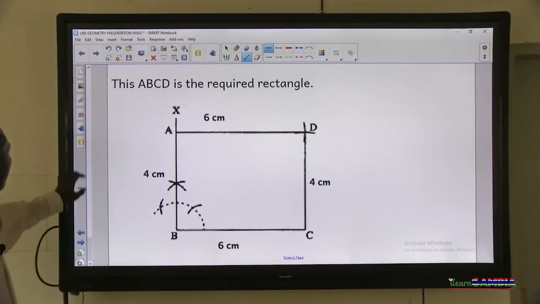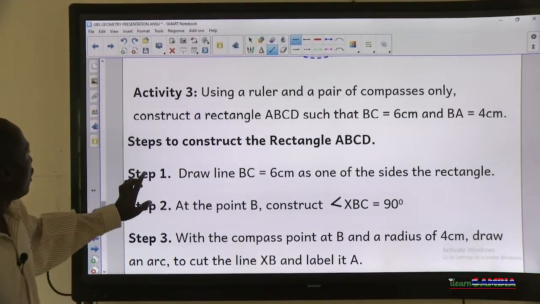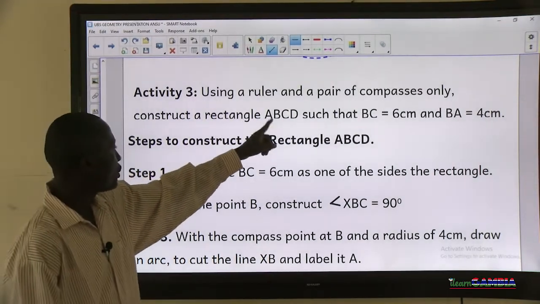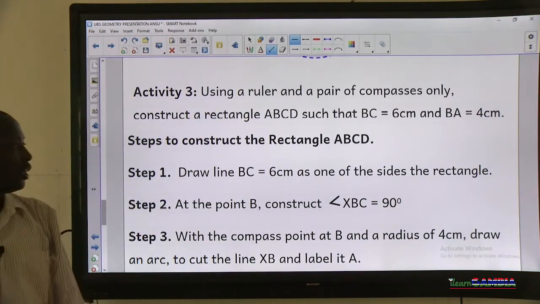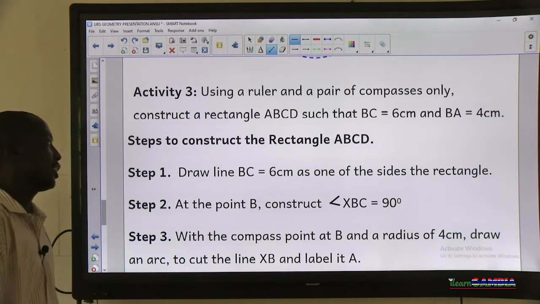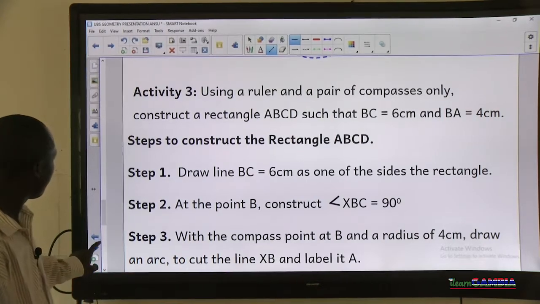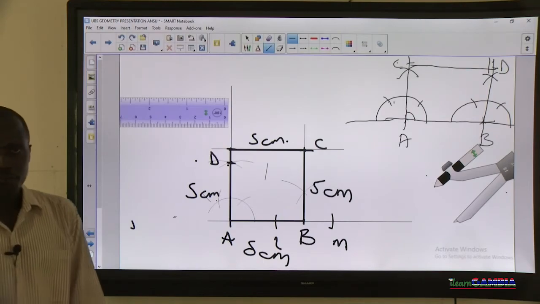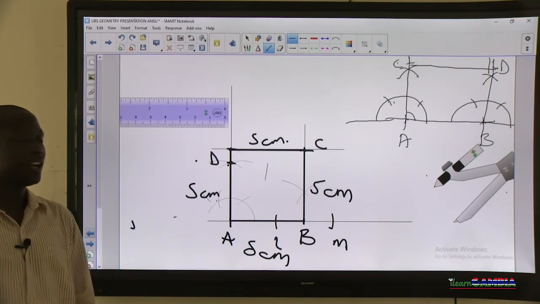So you can see, as the question is asking, construct a rectangle ABCD such that BC is 6 centimeters and BA is 4 centimeters. The length is 6 centimeters and the breadth is 4 centimeters. So that is the end of today's lesson on the construction of square and a rectangle.